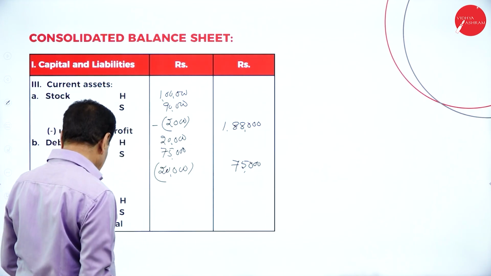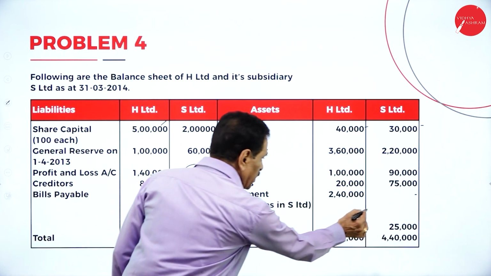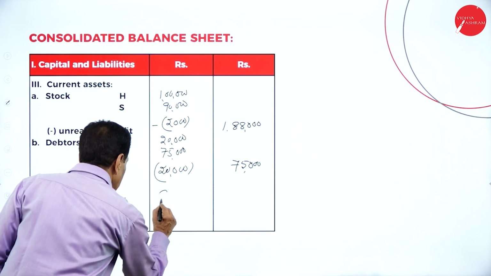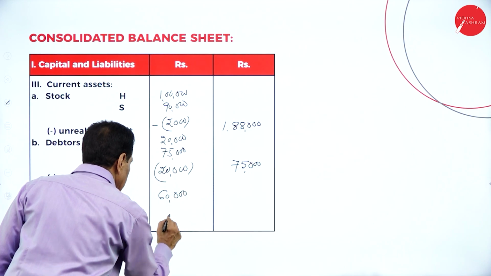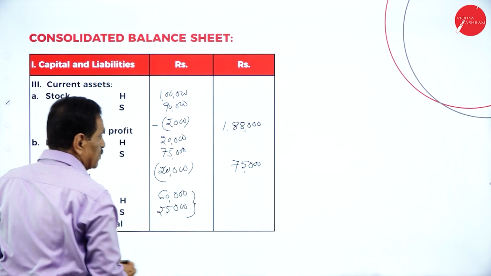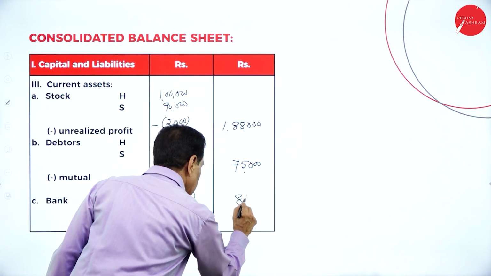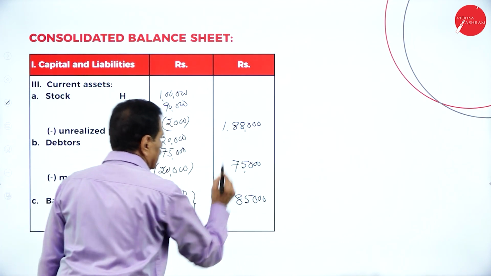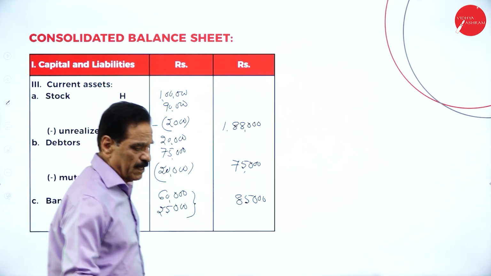Then we have cash at bank 60,000 plus 25,000. So 85,000. The cost of investment should not be taken.